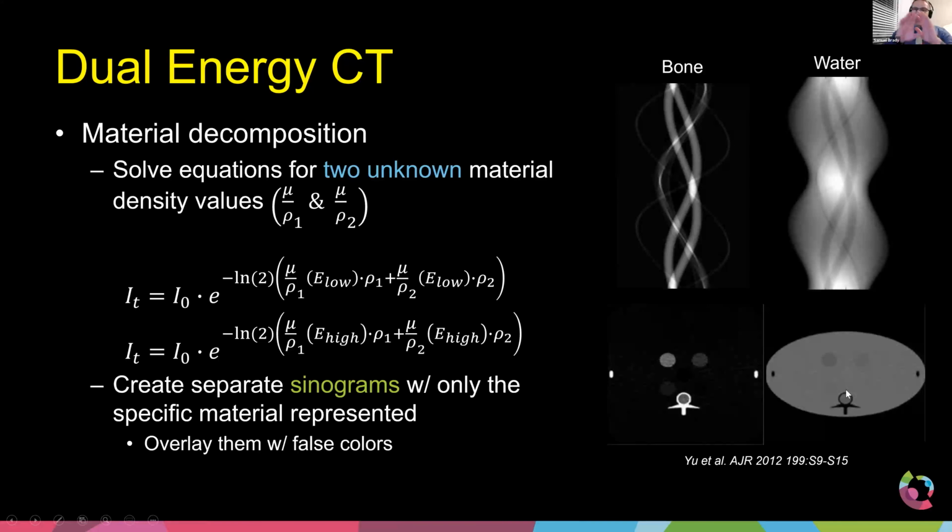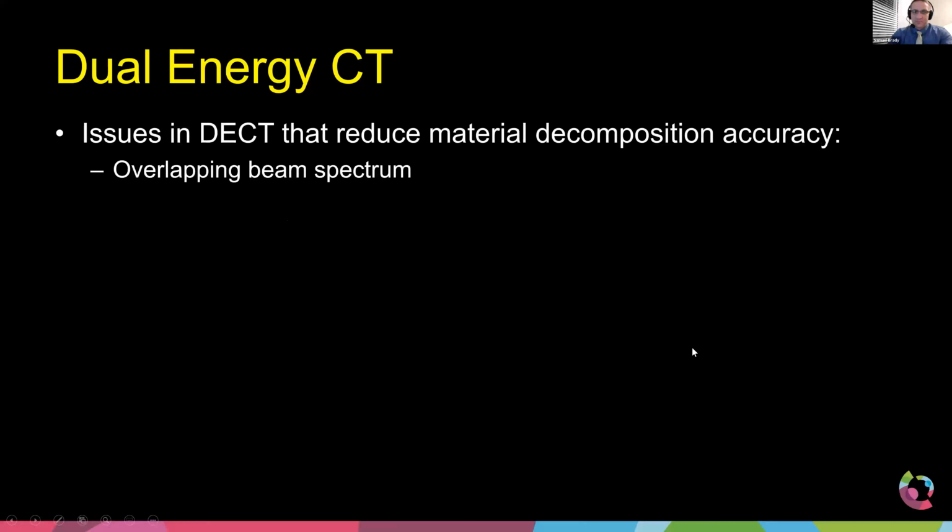So there's never a perfect separation of materials, but it's pretty good because their effective atomic numbers are distinct enough. Bone is very high, water is very low, and we can still do a really good job identifying them.